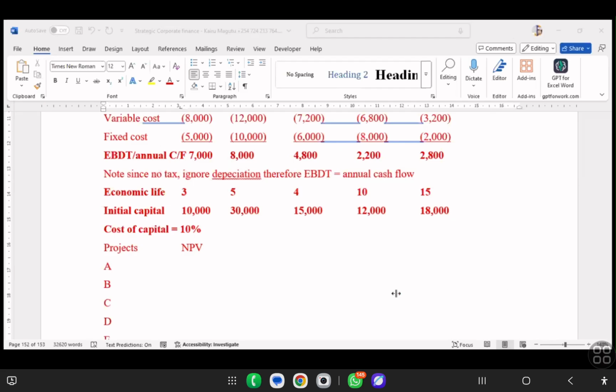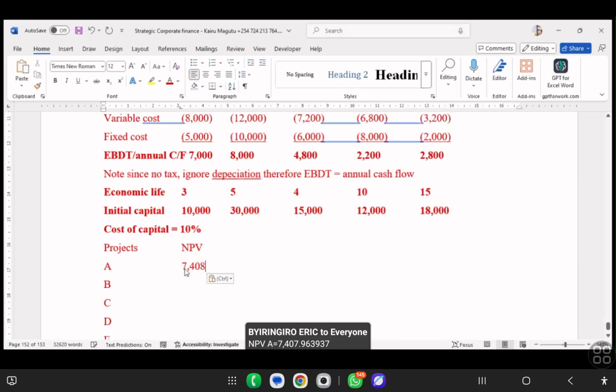Please, can someone send the NPV for A? Someone has said 7408. Is that correct?